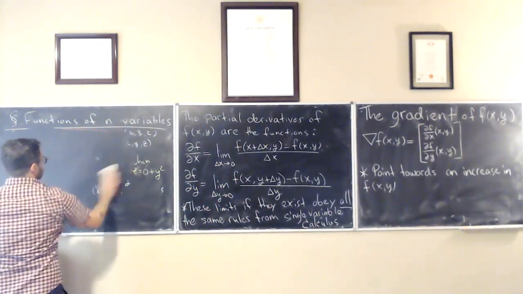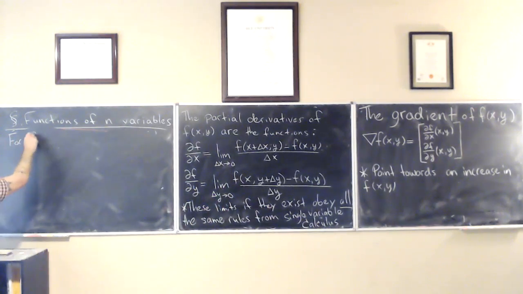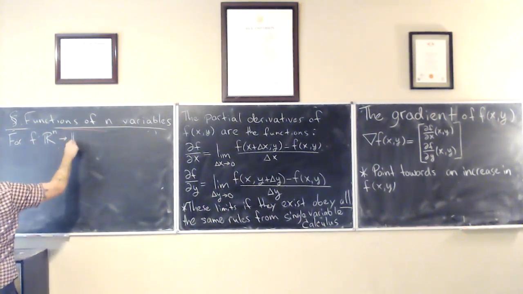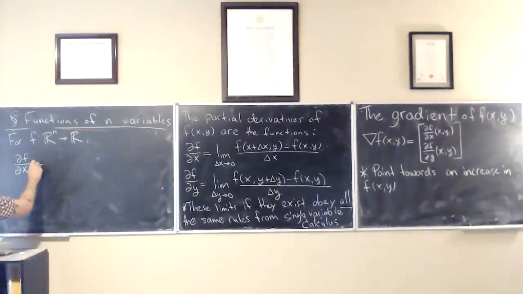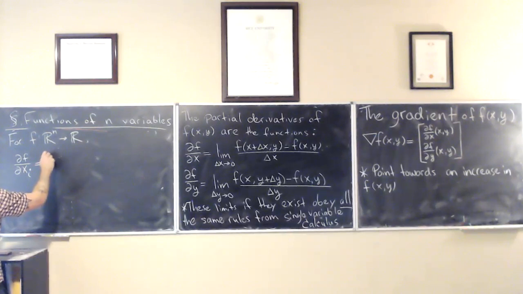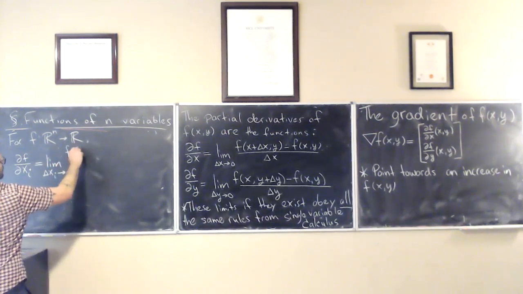In particular, for a function that takes as input n-dimensional vectors and outputs a scalar, the partial derivative of f with respect to the ith entry of the vector is, it's gross to write out, but I guess I have to now. It's just the difference quotient again.